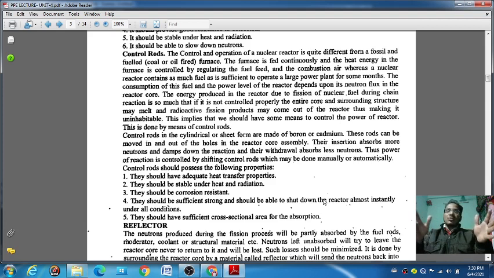Those rods control the chemical mixture, and the control rod material should be corrosion resistant and stable under heat and radiation, because while the mixture is reacting, heat energy is produced, and that heat energy should not affect the control rods.